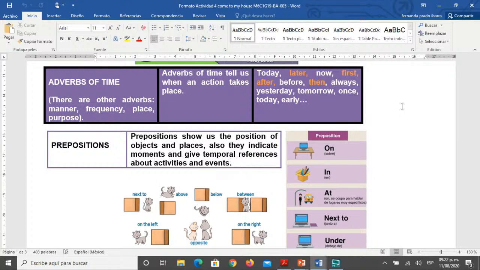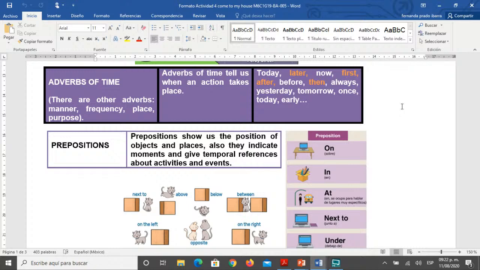We're using just the adverbs of time here, but we have other adverbs like adverbs of manner, frequency, place or purpose. We have so many adverbs, okay? But in this interactive activity we're only going to refer to adverbs of time.